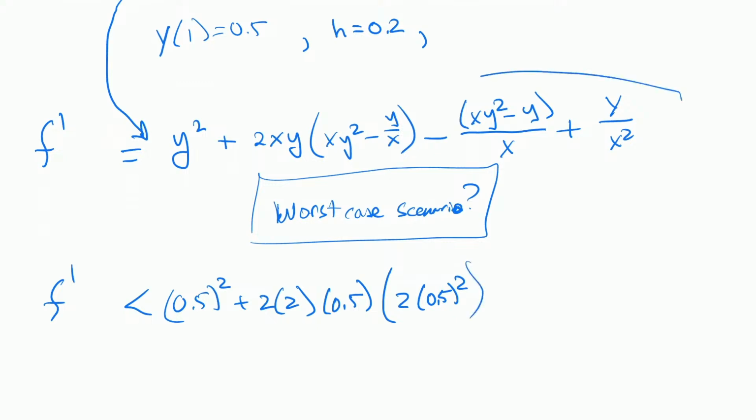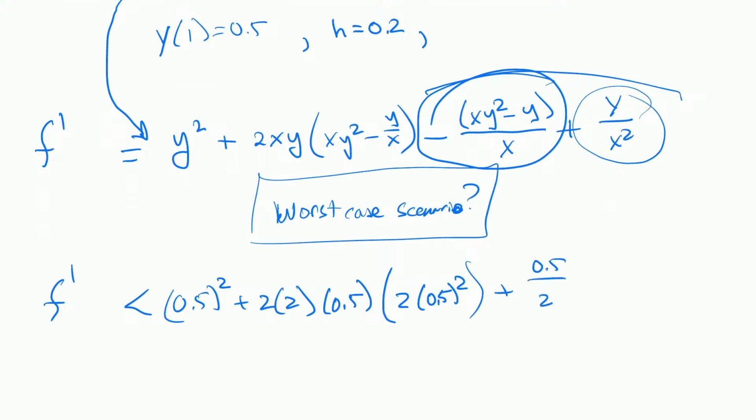And then here, this stuff we're subtracting, so I'm not going to bother subtracting off anything. I'll just keep it as big as possible. And then this is just a small thing, but I guess I could put it in. So plus 0.5 over 2 squared.